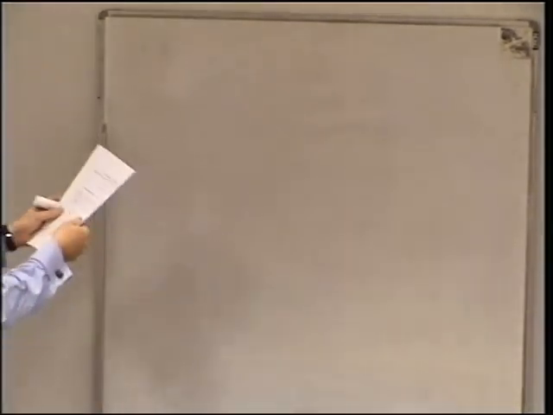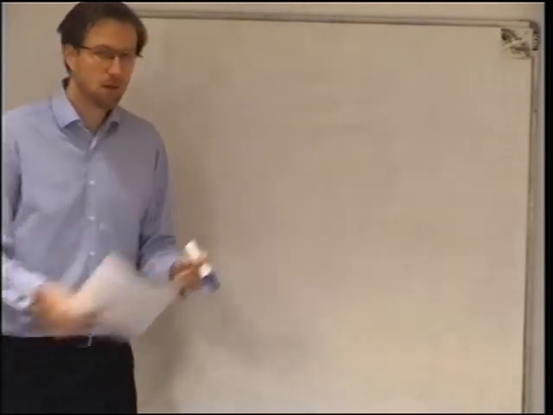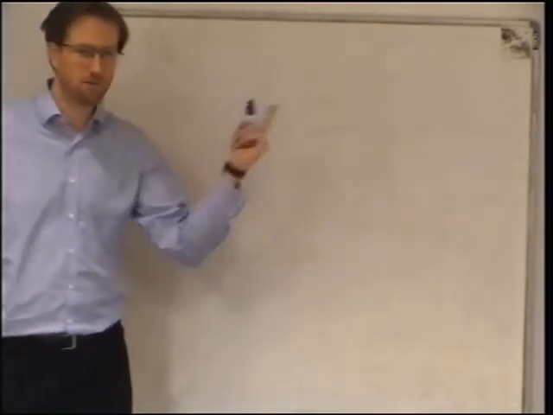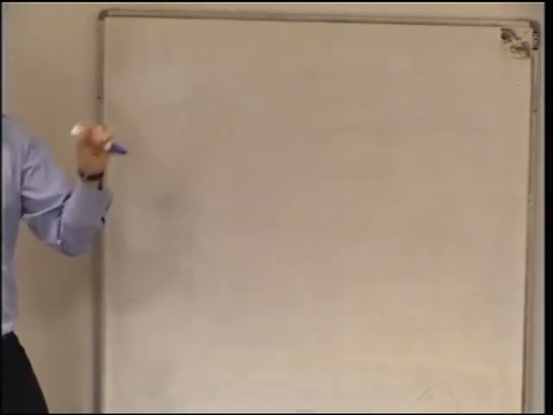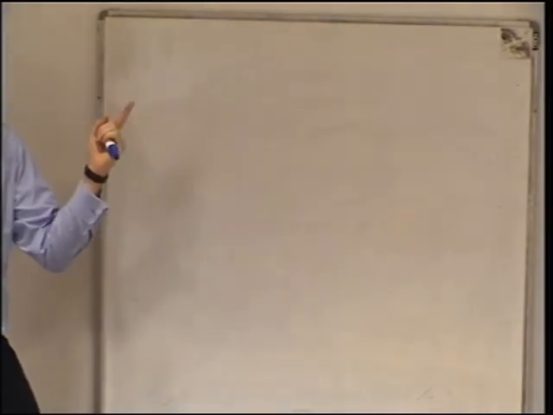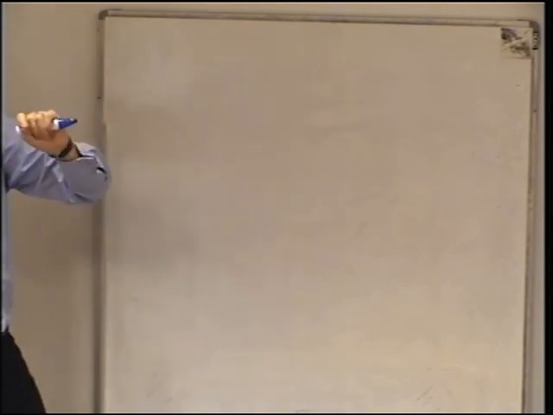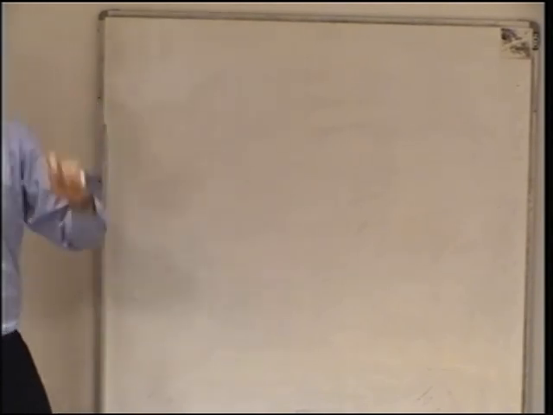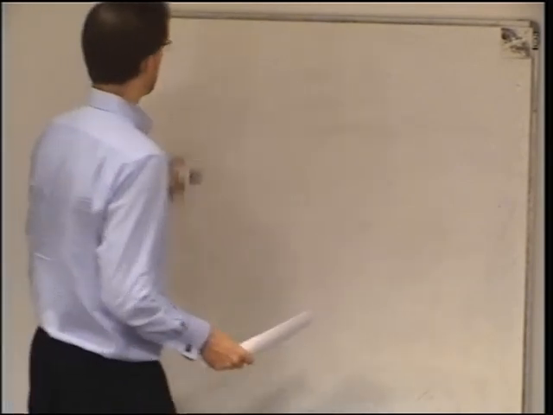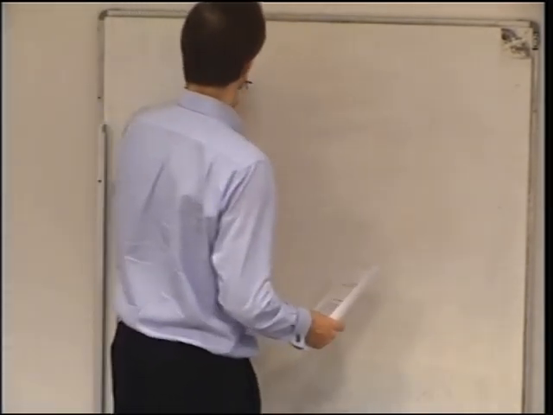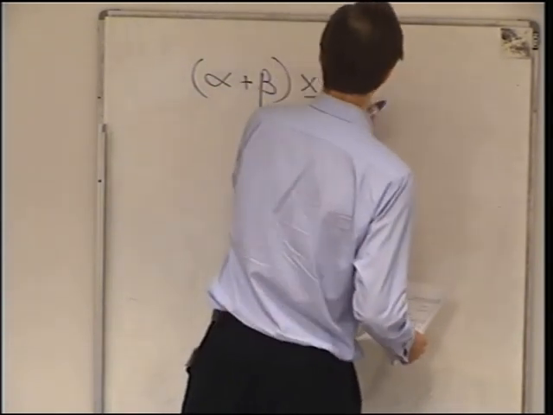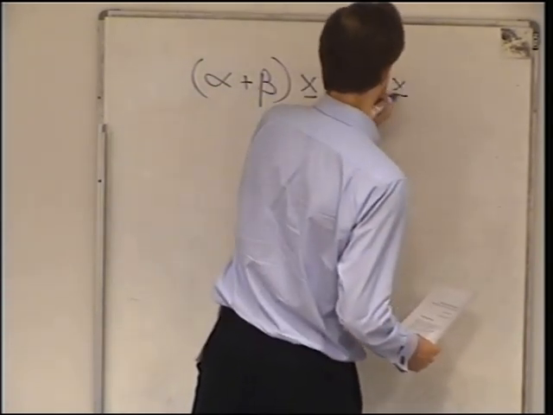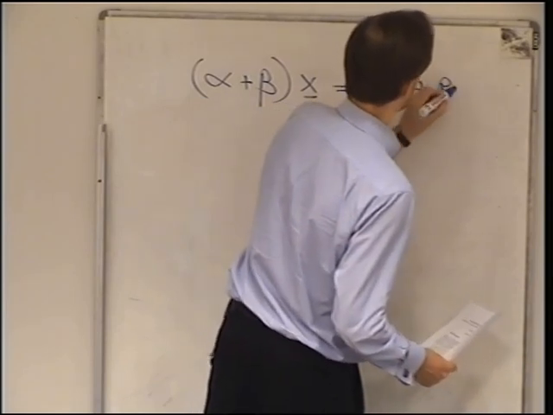are the distributive rules. In real arithmetic, you basically have one distributive law, but we've now got two sorts of objects, scalars and vectors, and so that means that we have two distributive laws. We have one for scalars, which is to say if I have alpha plus beta times a vector, that has to be equal to alpha times the vector plus beta times the vector.